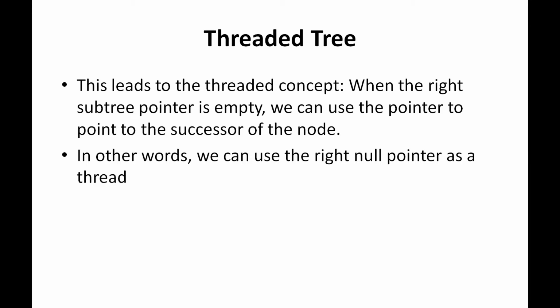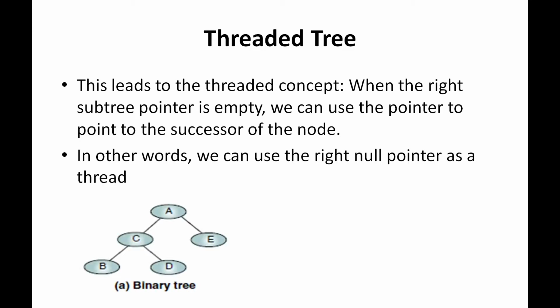A node can have both the left and right pointers null, but for the purpose of a threaded tree we are only focusing on the right pointer. We don't do anything with the left pointer. So we replace all the null right pointers by the addresses of the successor nodes as per in-order traversal. This is the basic idea of a threaded tree, which I will also show you with an example.